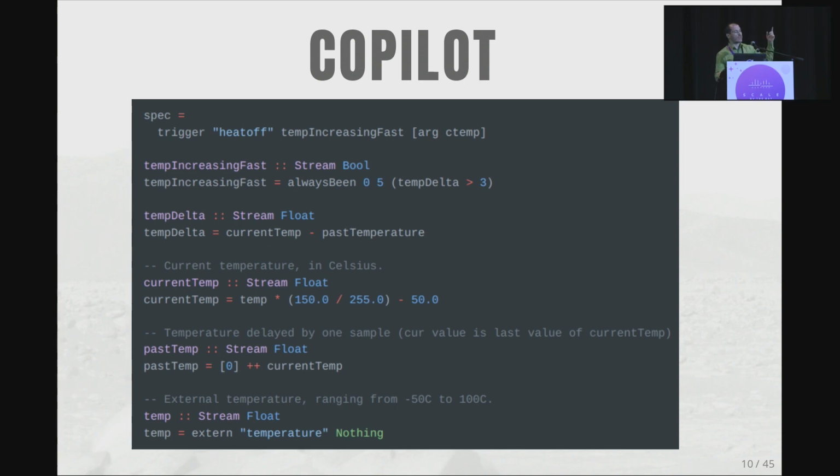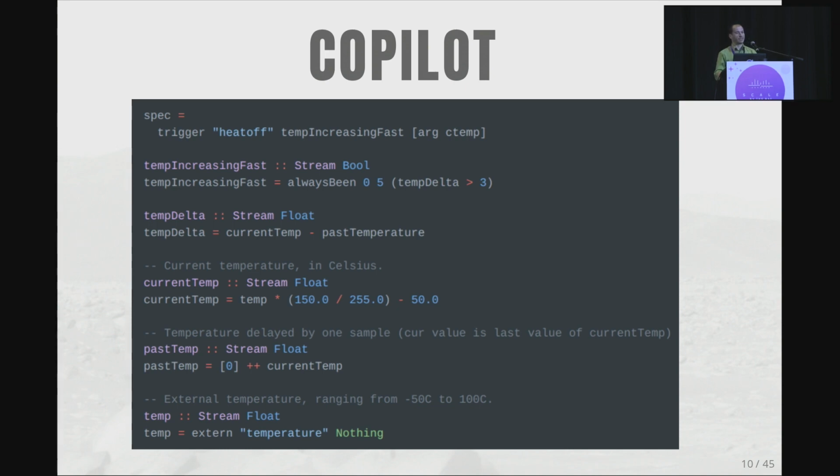And at the very top of that specification, you'll see that it says trigger, heat off, temp increasing fast, and then some argument. And what that means is if the stream temp increasing fast becomes true at some point, then the heat off function will be executed. And that heat off function is responsible for dealing with that violation. And you see that you can subtract streams.